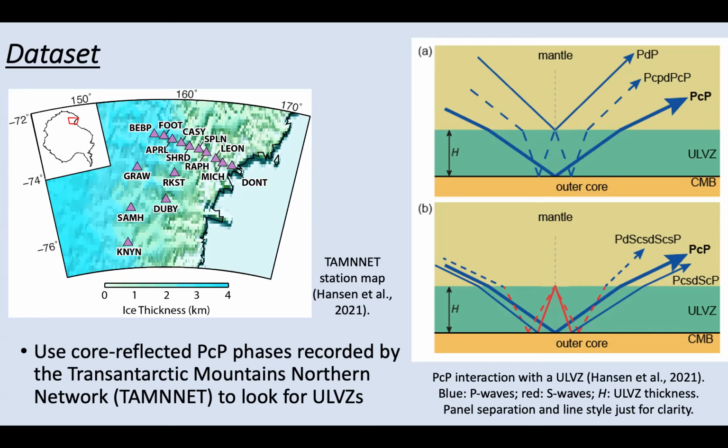These lead to precursor and postcursor signals that arrive before and after, respectively, the main PcP phase. Ultimately, we can model the timing and the amplitude of those precursors and postcursors to get at the ULVZ structure.